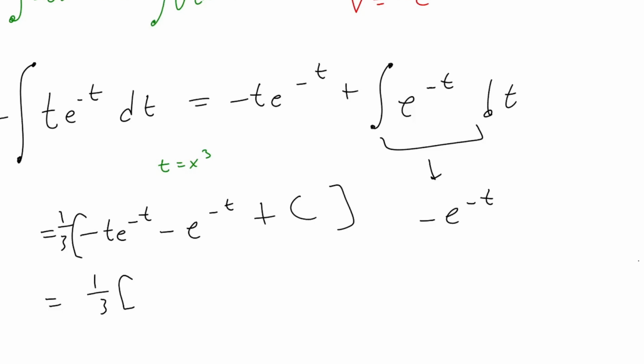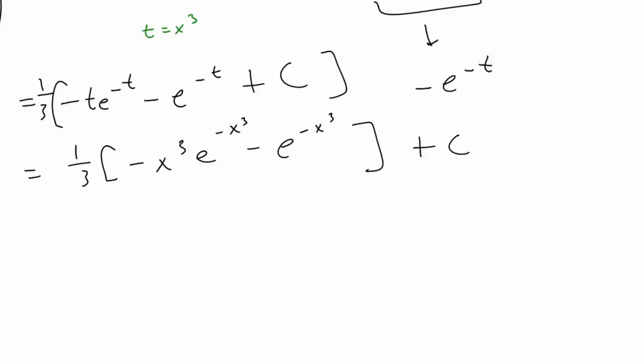So it's going to be negative x cubed e to the negative x cubed minus e to the negative x cubed plus c. Now, the more proper way to write this would actually be taking the c out, right? Usually plus c should be out of the brackets, and that's the better way to write it.